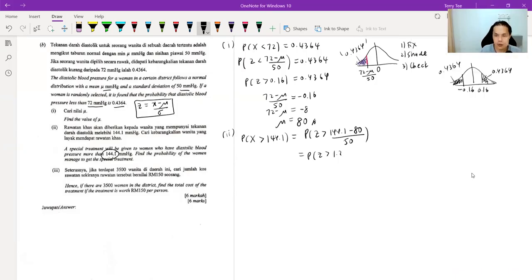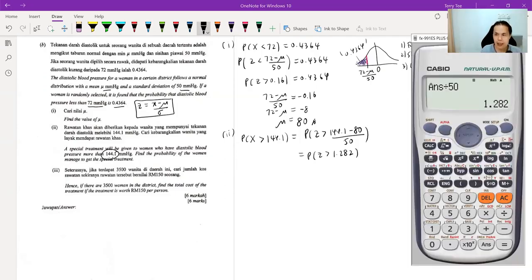So what do you get? 1.282. So we know this one, 1.282. Okay, let me write nicely here. 1.282. You can use your calculator. If you have this calculator, you can just change your calculator mode: press mode first, press 3 for stats, press AC, press shift 1 for stats, press 5 for distribution, press 3 for R. Remember, on the calculator, you use R. 1.282.